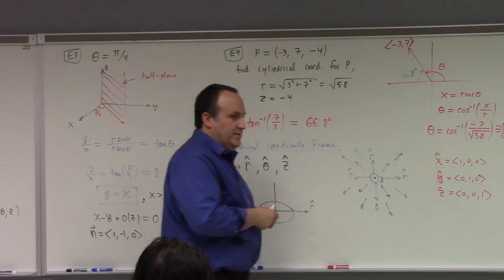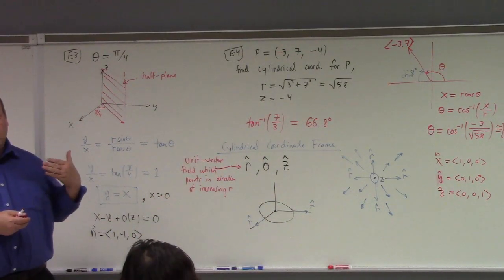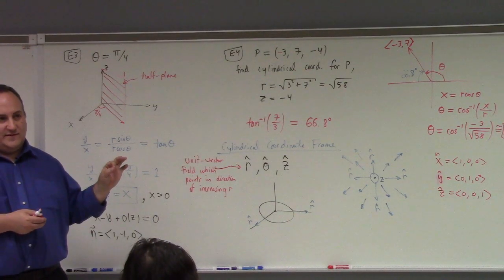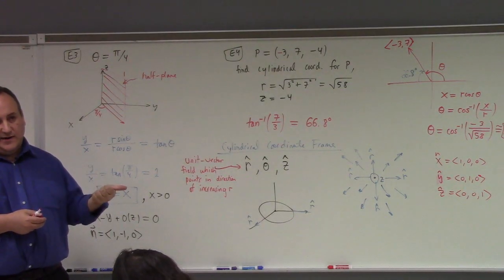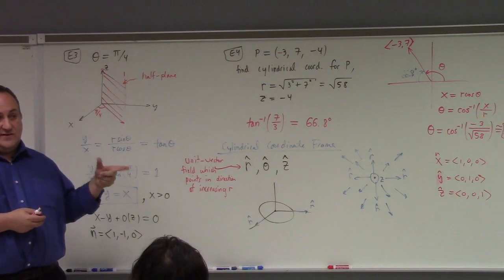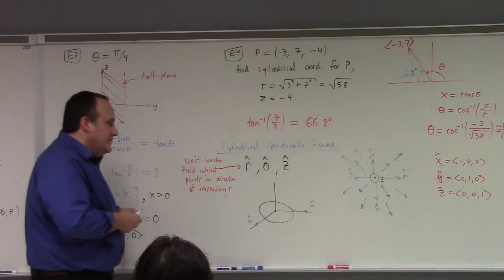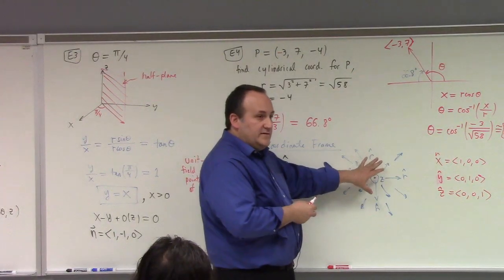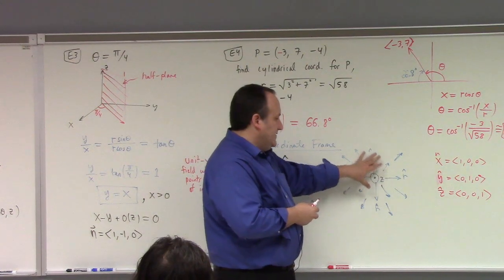If I draw a picture of those in 3 dimensions, they're kind of boring. It's just the same vector everywhere. You pick a point in 3-dimensional space, x hat goes 1 over in the x, y hat goes 1 over in the y, z hat goes 1 up in the z. But they're the same vectors that we're attaching to every point. So it's a constant vector field. You kind of take them for granted. This is very different. R hat is different at different points. So it's an honest to goodness vector field in the sense that it's variable.